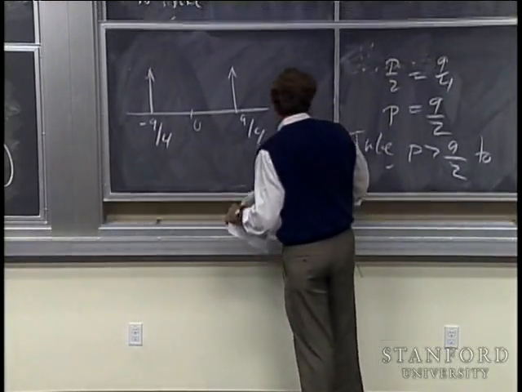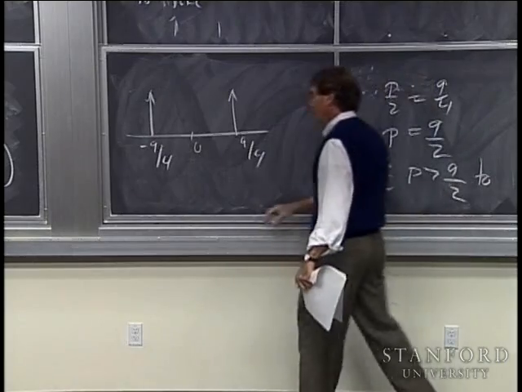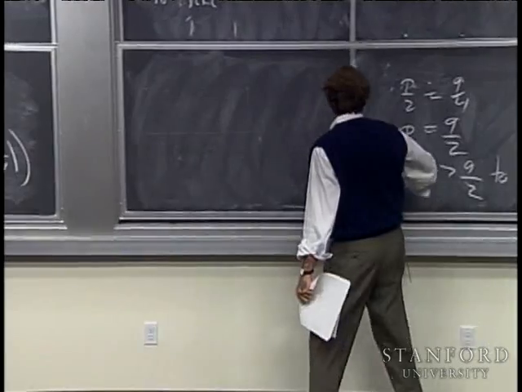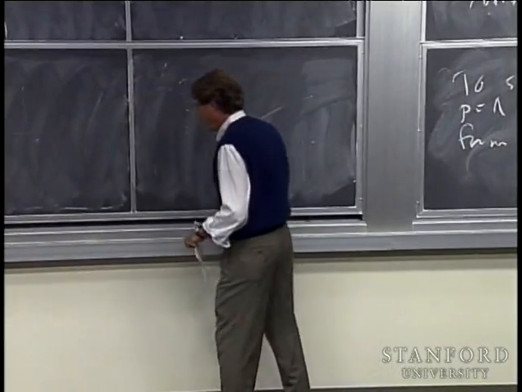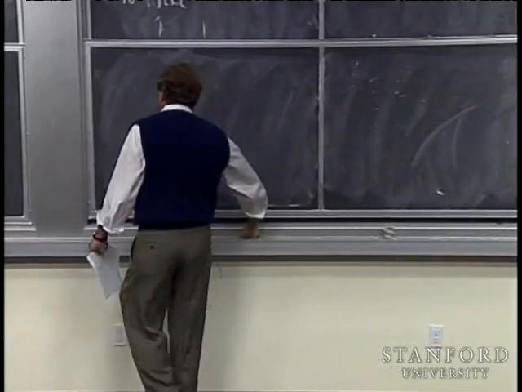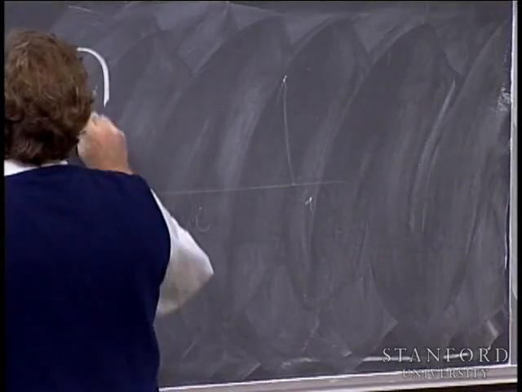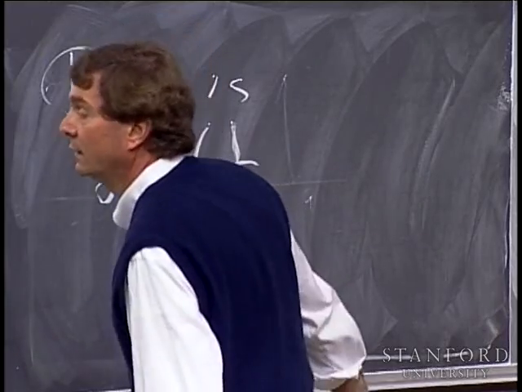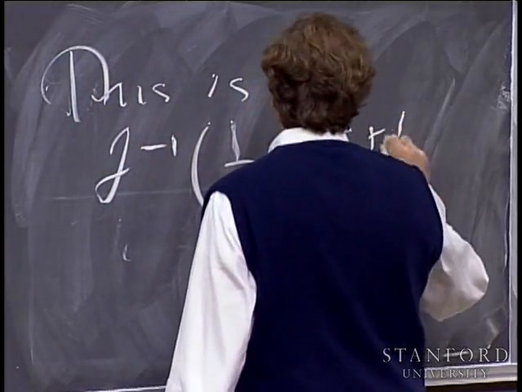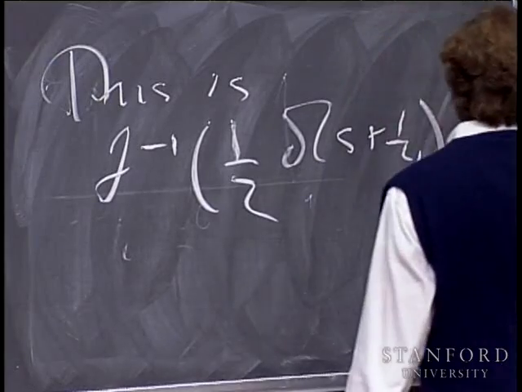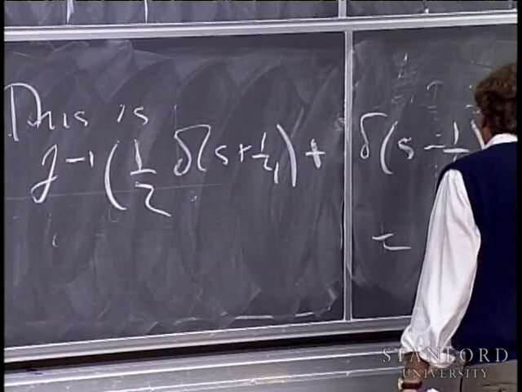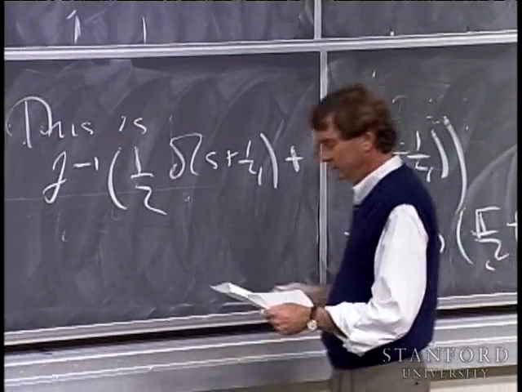You get the inverse Fourier transform of that. That's easy. That's a cosine. That's another cosine. This is the inverse Fourier transform of 1/2 delta s plus 1/4 plus delta s minus 1/4, and that is the cosine of pi over 2 times t.